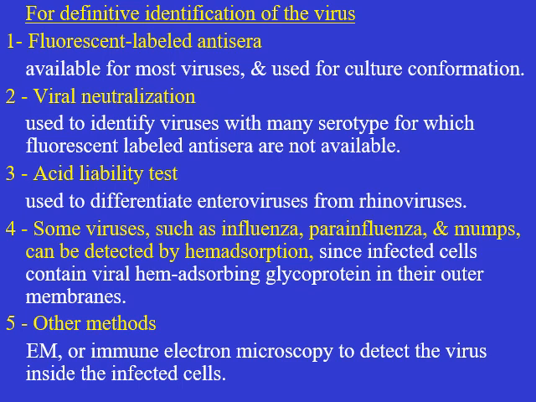Fourth test is the heme adsorption test. Some viruses, like the influenza virus, parainfluenza virus, and mumps virus, can be detected by the heme adsorption test, since cells infected with these viruses contain viral heme adsorbing glycoprotein in their outer membranes.